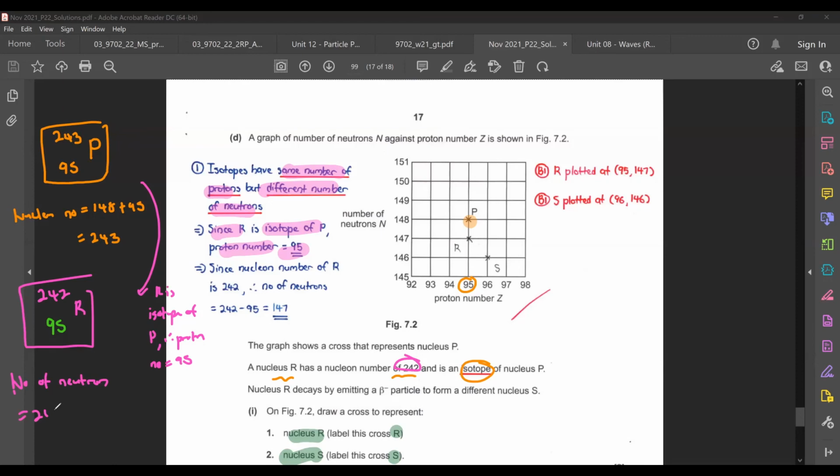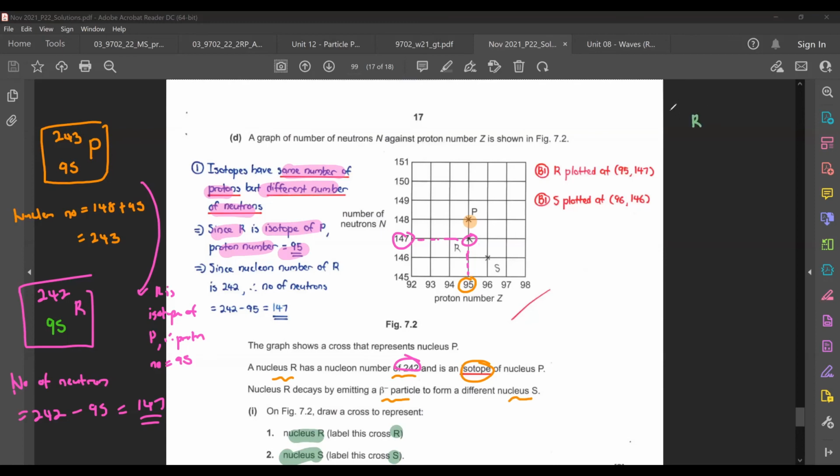This one will be 242 minus 95, giving me 147. So right now my R will be here at 95 and 147. This is nucleus R. And then after that, nucleus R decays by beta minus particle emission to give me nucleus S.